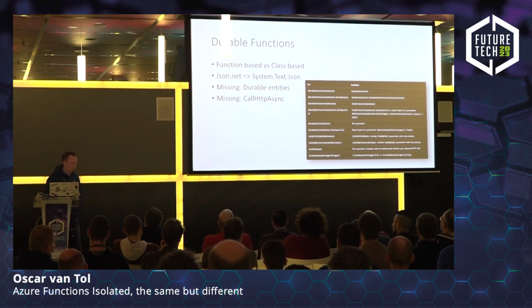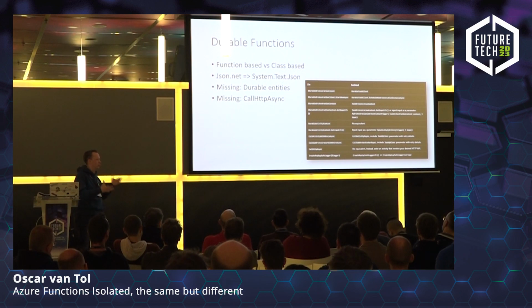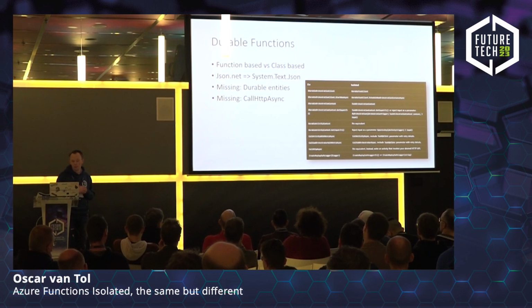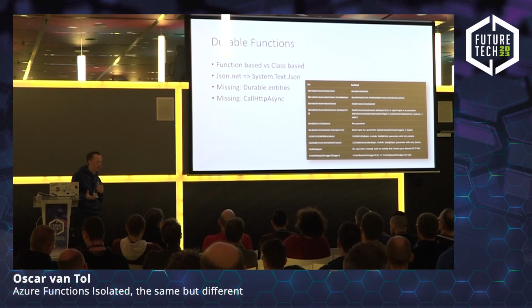And we're missing something: durable entities is not there. If you were using durable execution and storing some data here and there, you might have been using that, but it's not there at the moment. And CallHttpAsync is not there, which was powerful, but basically it's not that hard to do, you call it yourself in a normal activity function.